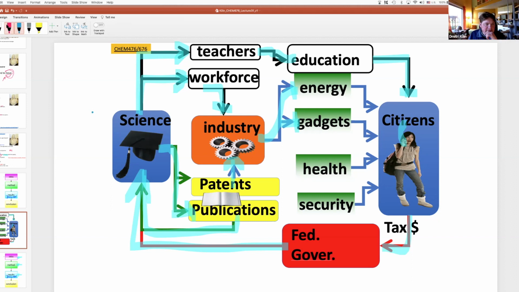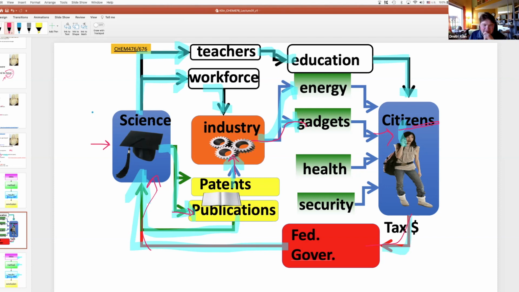So the research efforts that we do lead to publications and patents that are used in the industry, and then through industry one generates energy and tools that regular citizens are using, and then they pay taxes to the government, and the government sponsors research. So in this path, science pleases general public citizens.